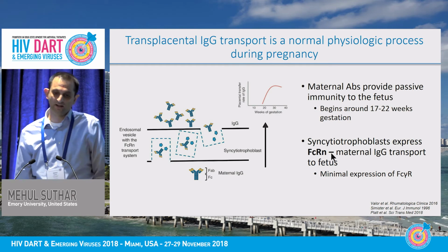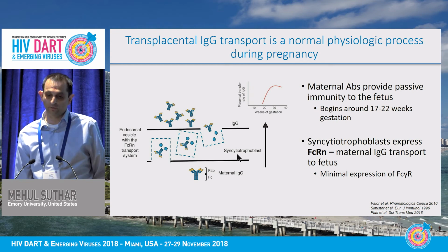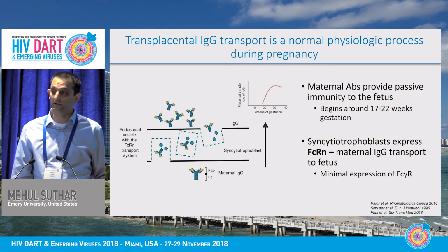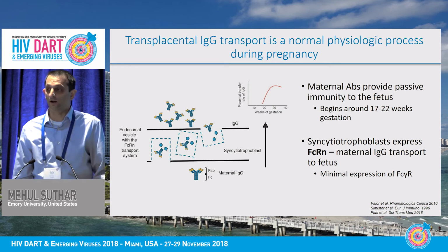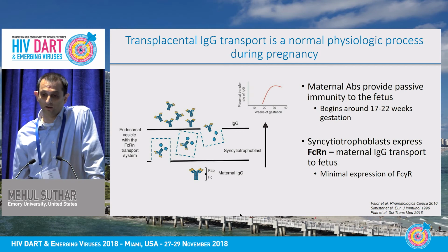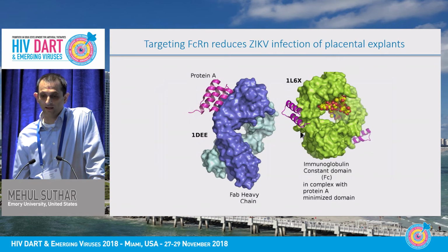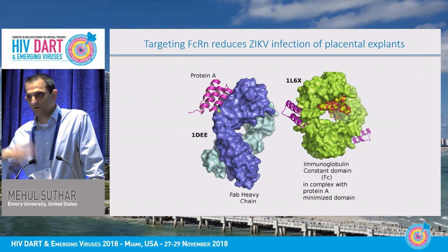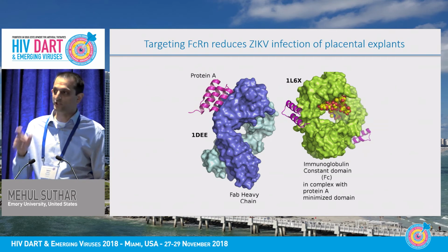We wanted to better understand transplacental IgG transport within these samples. We wanted to determine what role FcRn, the neonatal Fc receptor, if any, plays in transporting Zika virus across using these immune complexes. We decided to use this little trick of using protein A, which is seen here, which was discovered many years ago to bind to the same exact place on IgG1 as FcRn normally binds.